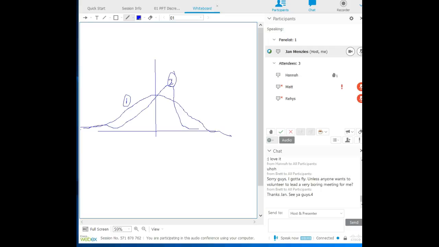Yes, Hannah? Same amount of time, same amount of goals, but the distribution of the way they throw the goals is different. Yes, so you're saying that either of them would be fine. Any other opinions?